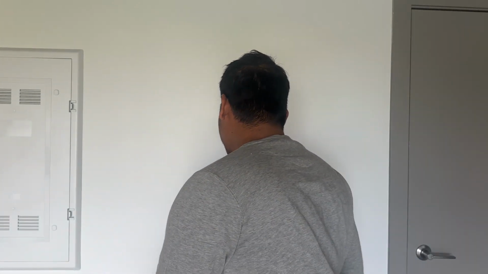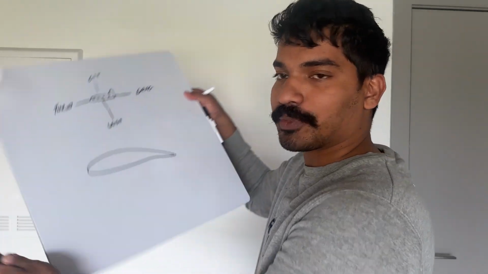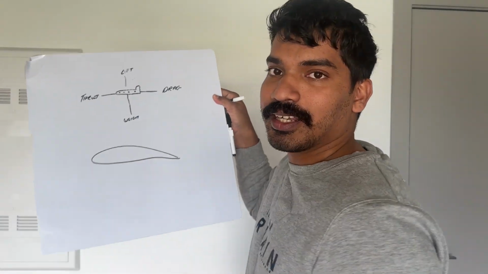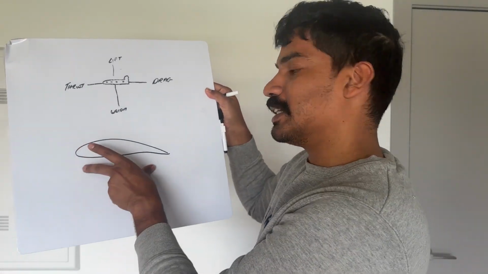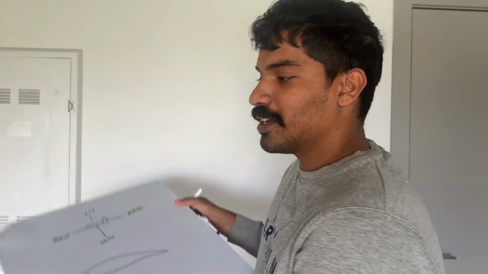Now whenever you hear about aerofoil, the diagram that is shown anywhere is something like this, right? This is nothing but a cross section. When it comes to aerofoil, it can be in many forms. Let's imagine an aeroplane.